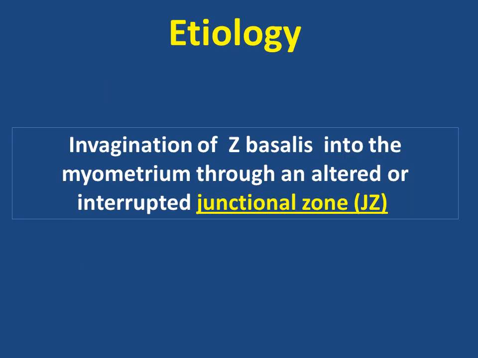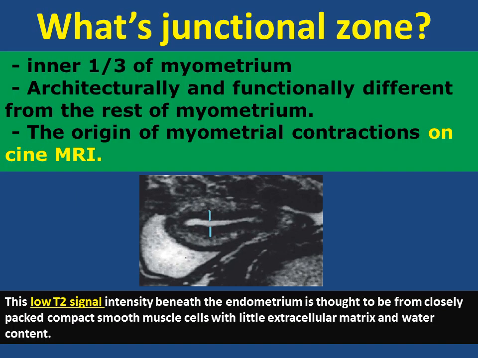Why does this occur? There are many theories explaining this, but the commonest and most logical theory is that the zona basalis, which is the basic layer of the endometrium, invaginates inside the myometrium due to destruction, alteration or interruption of the junctional zone. This is the basic etiology, or the most common explanation of why the endometrium leaves its place and goes inside the myometrium. We should know what the junctional zone is.